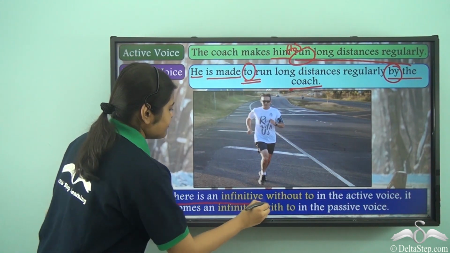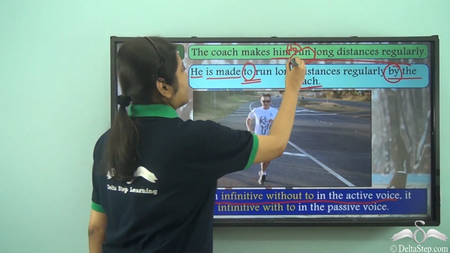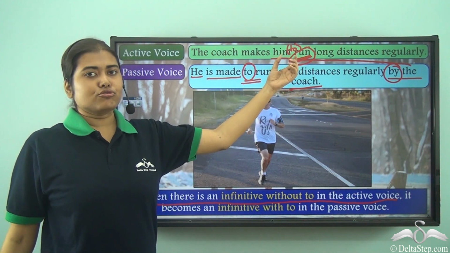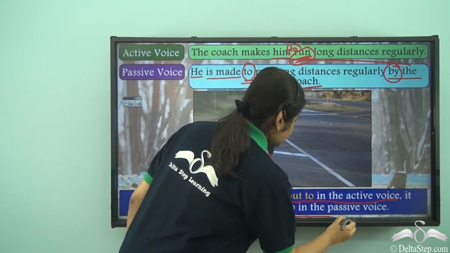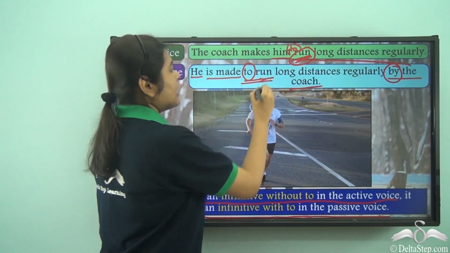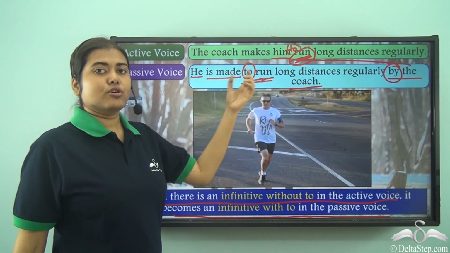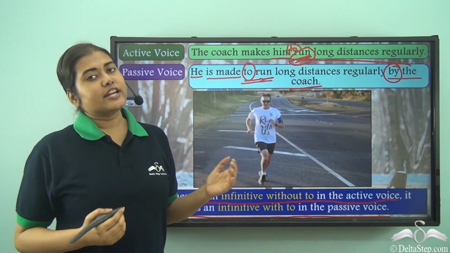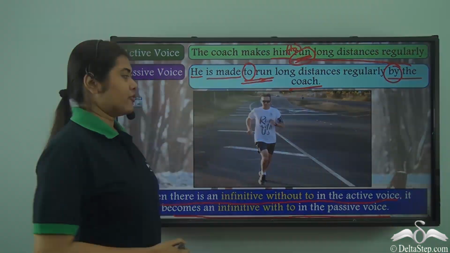When there is an infinitive without to in the active voice, as in run in this case, it is an infinitive without to, then in the passive voice it becomes an infinitive with to. So in the passive also run is an infinitive but with to. So if there is an infinitive without to in the active voice, it will turn into an infinitive with to in the passive voice.